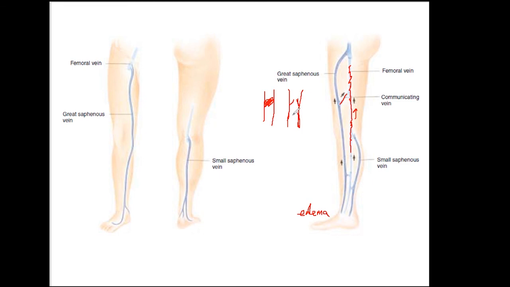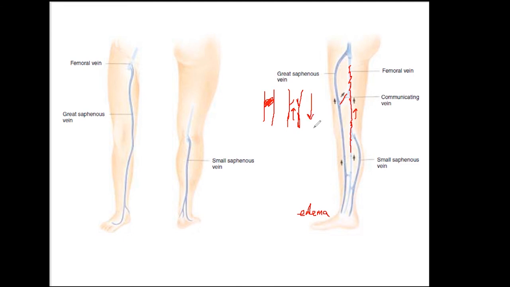The valves keep the blood flowing in one direction, especially in the leg area. Like water, going upward is more difficult, but it flows down easily.